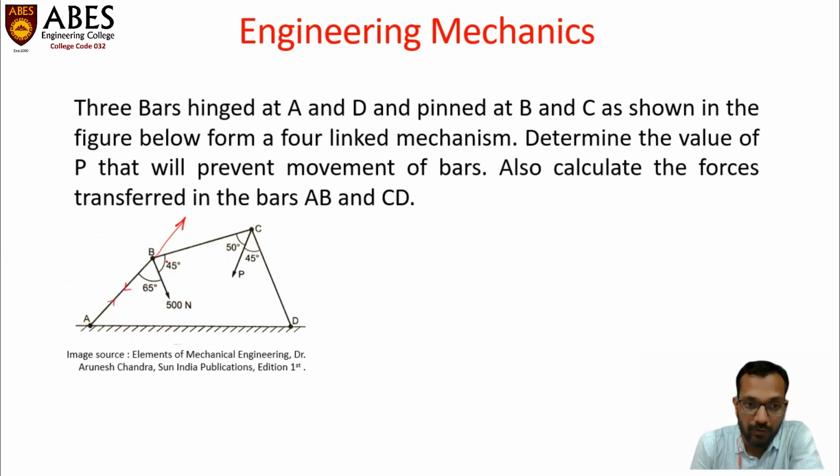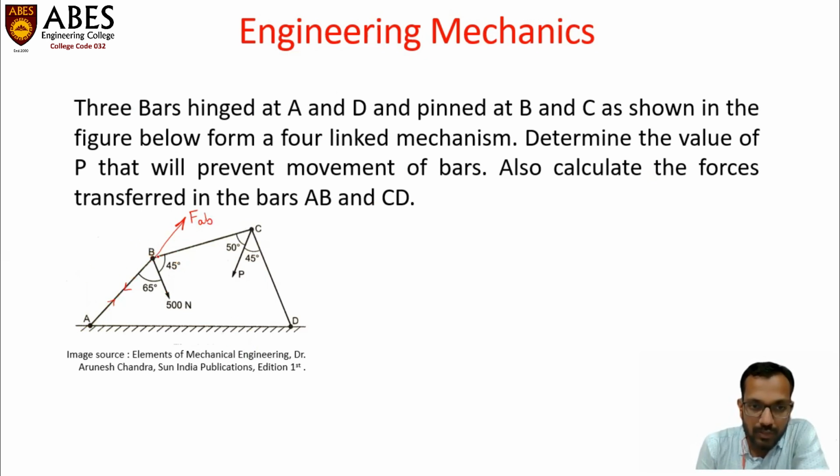Therefore, the reactive force will act in the opposite direction. So this is the force which is being experienced by point B because of the force in this link, from point A towards point B. This is the force, and we can show it as FAB, force from A towards B.